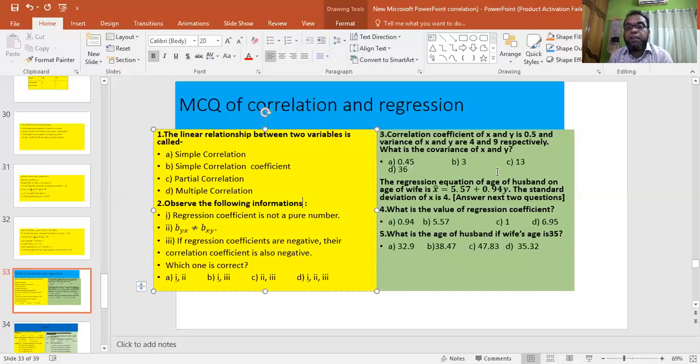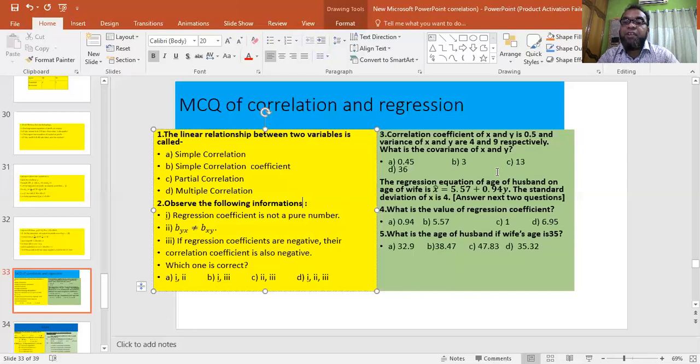Now another question. The regression equation of age of husband on the age of wife is X estimated, or X cap, equal to 5.57 plus 0.94Y. So here A is 5.57 and B is 0.94.